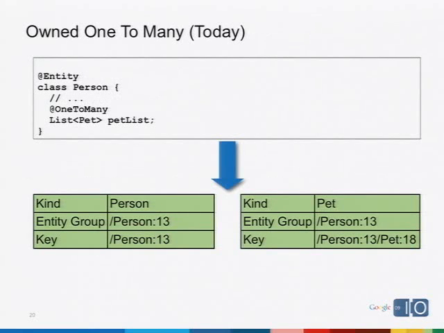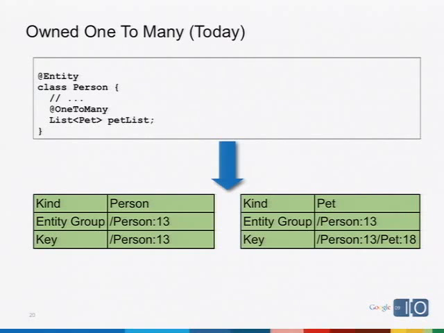So here's an example. And this is a JPA snippet where we have a person entity with a one-to-many relationship to pet. And then down below, we show you what the physical model looks like when you set up your model this way. And I want to point out that this model, this is standard JPA code, right? There's nothing about entity groups in here.